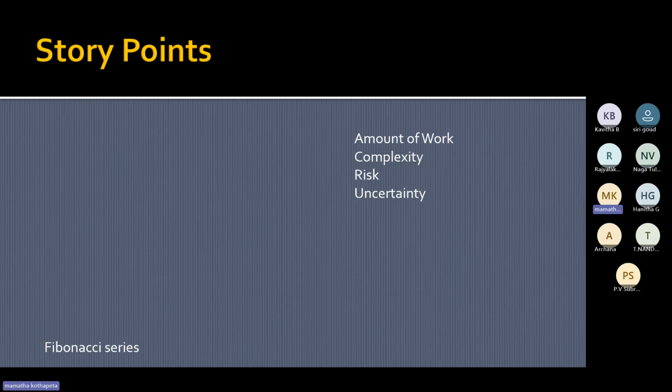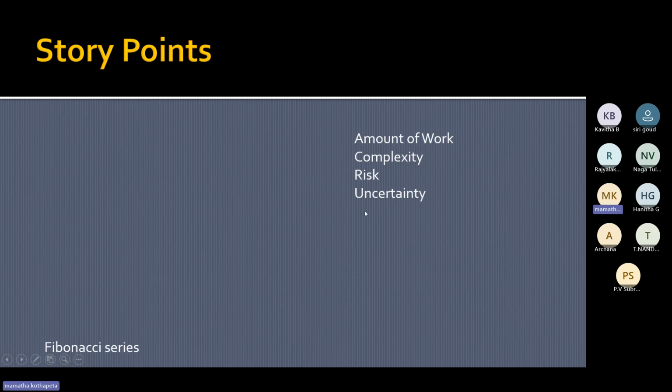Again, they'll give some points to the risk. Another one is uncertainty. You don't know what is going to happen if we do this development; there might be some unexpected errors. We are not sure what is coming, so we give some points to that.